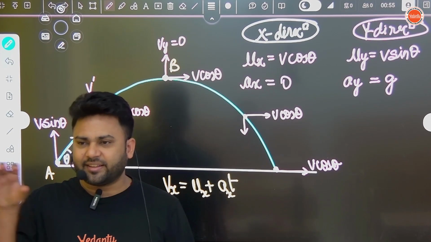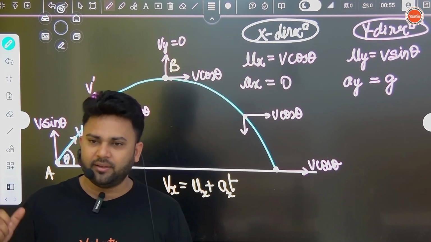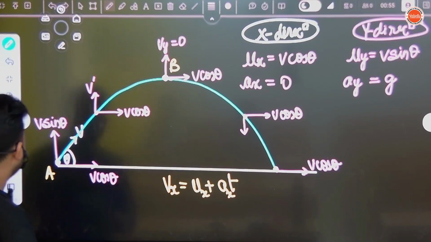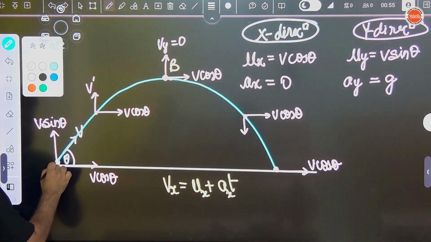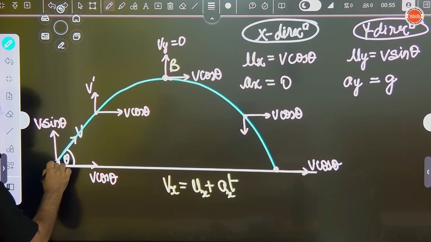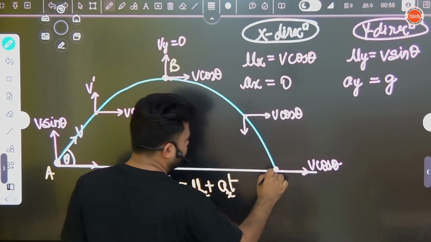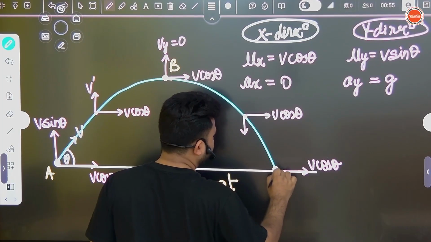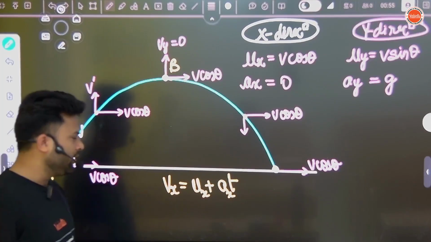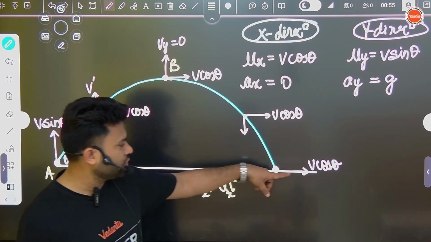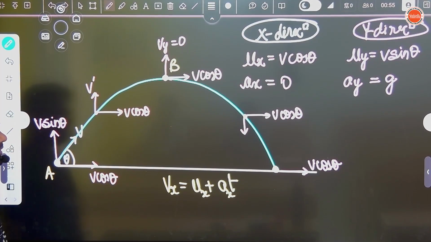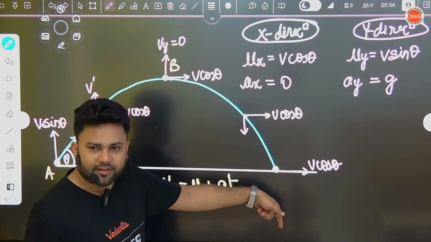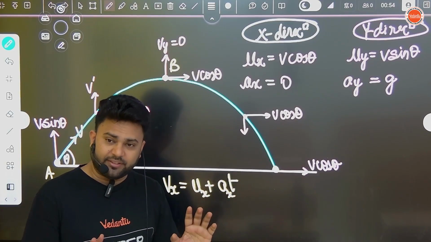If the object is at the same level, its speed will be the same. Whatever is the speed of the ball here, same level means here also same speed. So here v cos theta, here also v cos theta. In the upward direction v sin theta, the only difference will be downward direction v sin theta, but the value will be same.